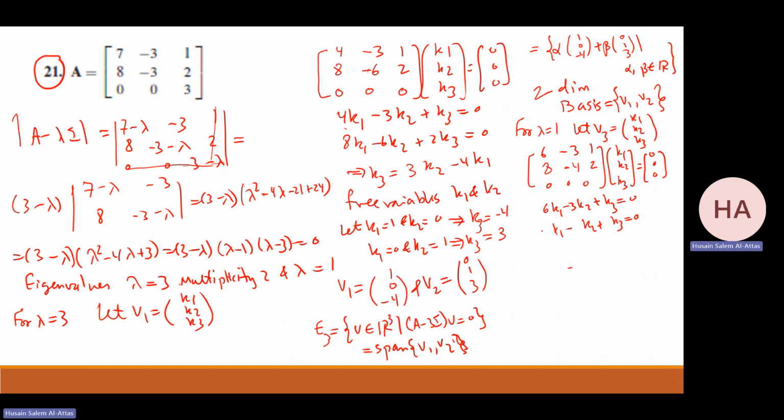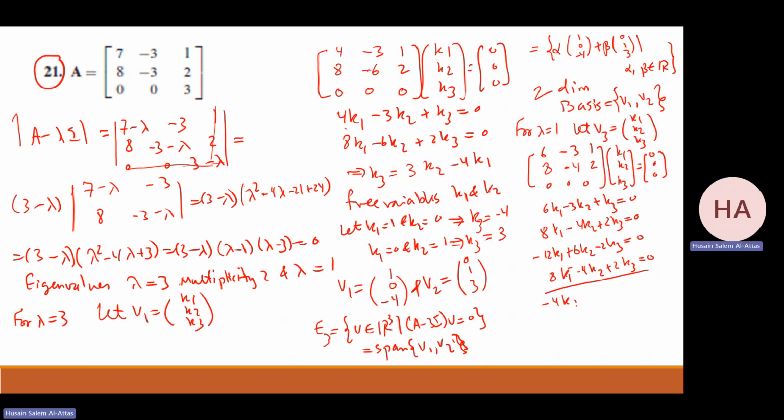This is 8, minus 4, plus 2. So I multiply the first one by minus 2. I think this is better. I have minus 12K1 plus 6K2 minus 2K3 equals 0. I have this is 8K1 minus 4K2 plus 2K3 equals 0. Add them, what will you get?